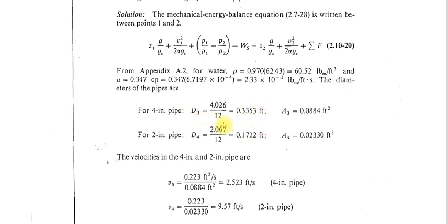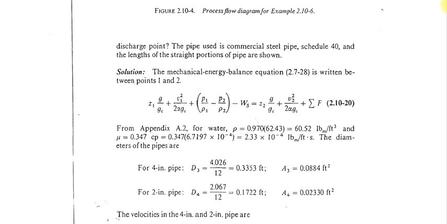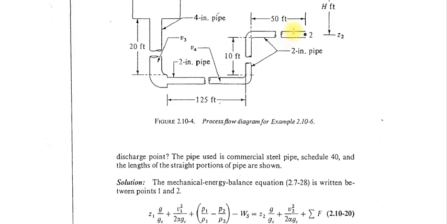Suppose you know D1 and D2 based on the schedule number charts, then you can calculate A3 and A4 by using the pi d square by 4 formula. This is the cross sectional area of the circular tube, A3 and A4. Now you know the diameter of this pipe.